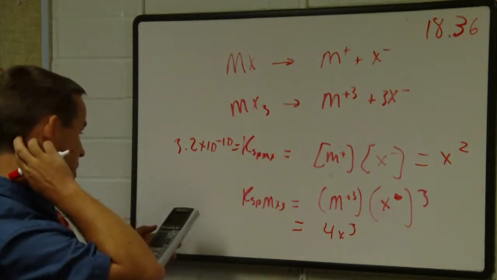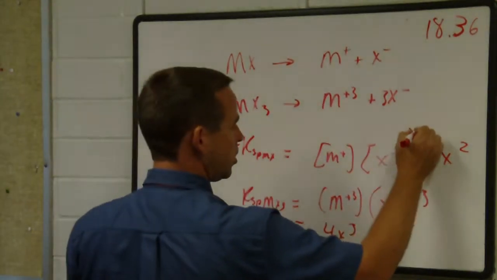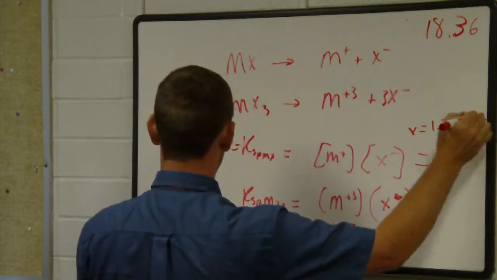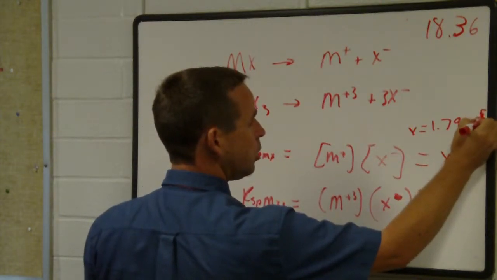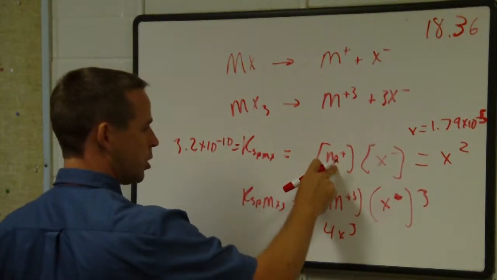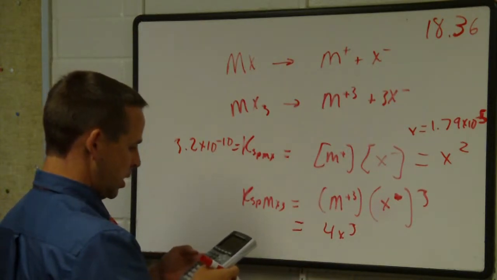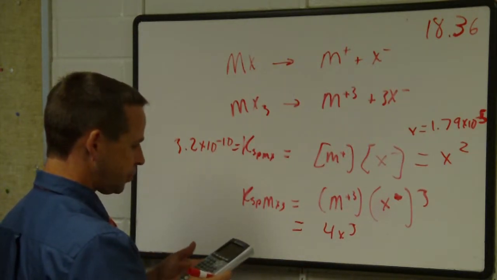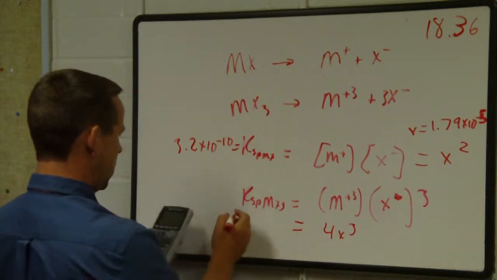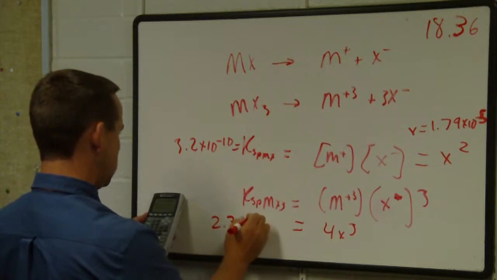All right, so x then is going to be equal to 1.79 times 10 to the minus 5. Now that's the molar solubility. If this is going to have the same molar solubility, we can take that value, cube it, multiply it by 4, and that gives us a KSP value of 2.3 times 10 to the minus 14.